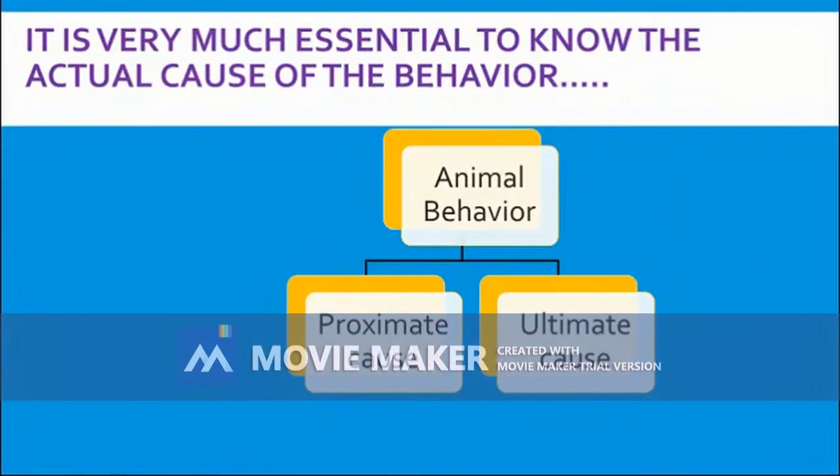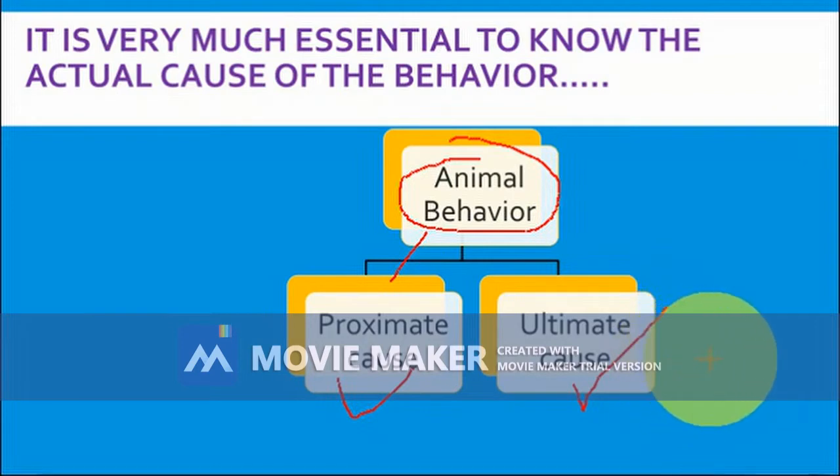So it is very much essential to know the actual cause of the behavior. We have animal behavior, and if we go and see the causes of this behavior, we will find that one is proximate cause and the second is ultimate cause.